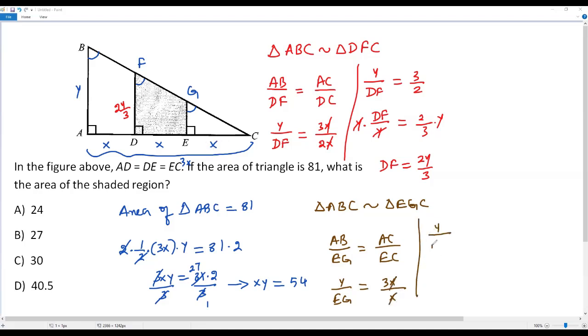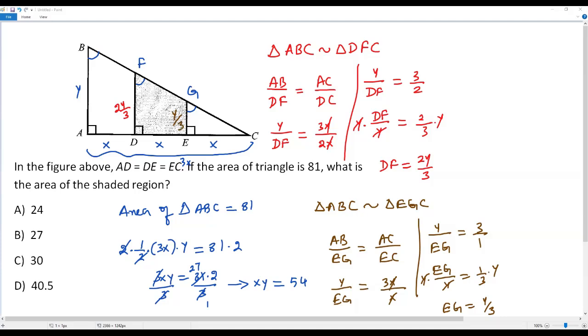Then I'm getting Y over EG equals just 3 over 1. Now we can take reciprocal on both sides, and I'm getting EG over Y equals 1 over 3. Now let me multiply both sides by Y to solve for EG. Then this Y will cancel out. Then I'm getting EG equals Y over 3. Okay, now I got the length of the vertical line segment EG, that is Y over 3.